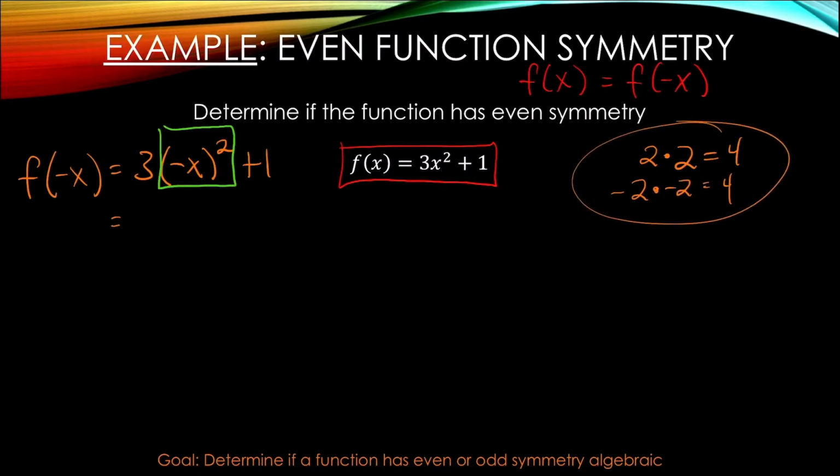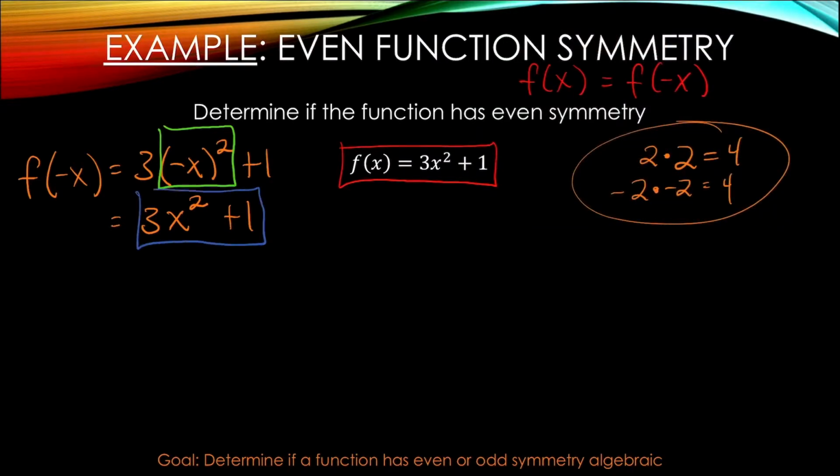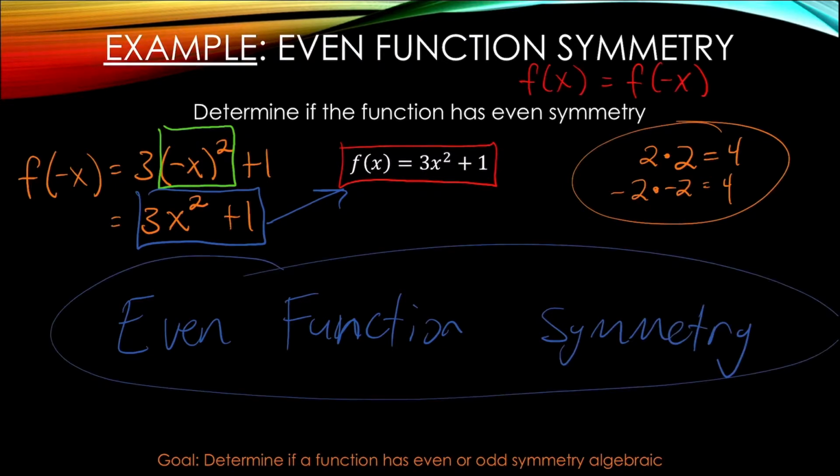Regardless of any number that I put in there, it's going to remain positive. So we can simplify this to be 3 times a positive x squared, because I know that's going to be positive. Alright, so we can tell that 3x squared plus 1 is equal to that 3x squared plus 1. And so we know this has even function symmetry. Woohoo! Okay, we just proved that.